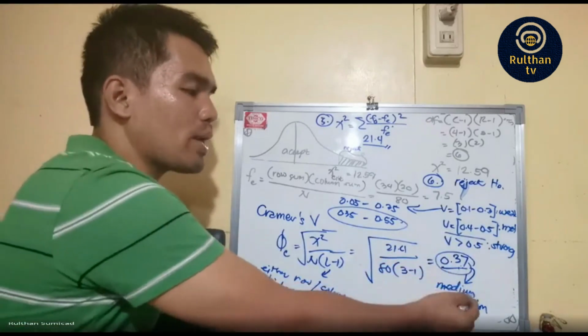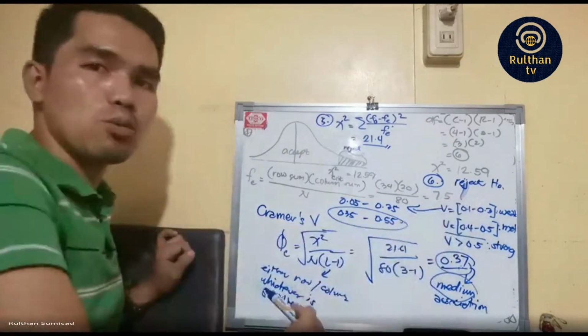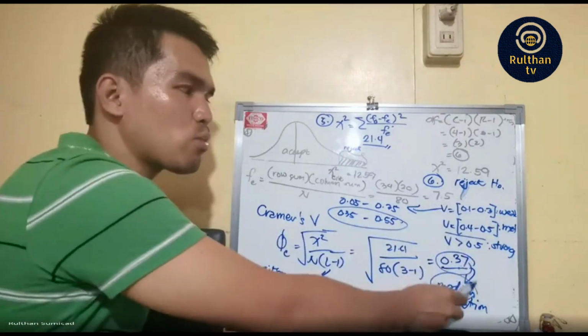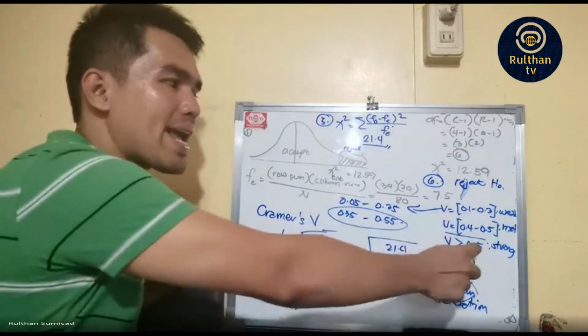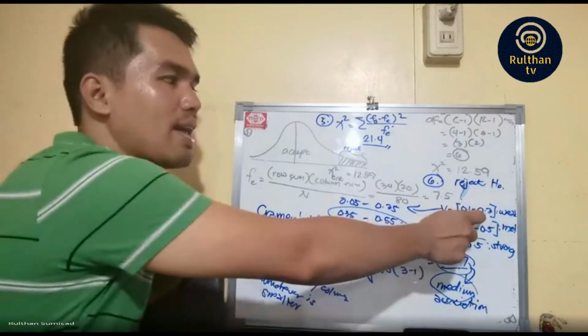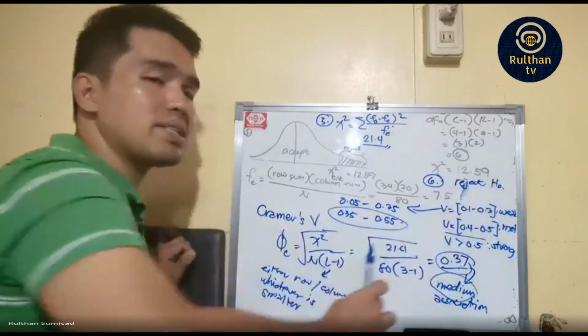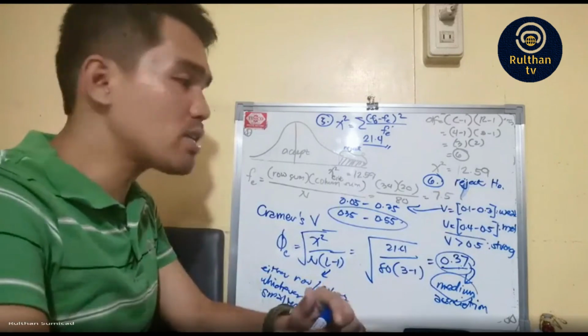That's why we tag this one as medium association more than weak association, because 0.37 is way closer to 0.40, which is inclusive of the medium, than 0.30, which is in the weak. Okay, in case you are wondering.